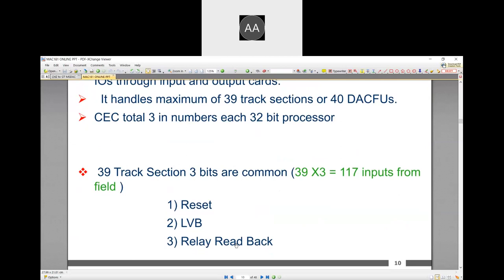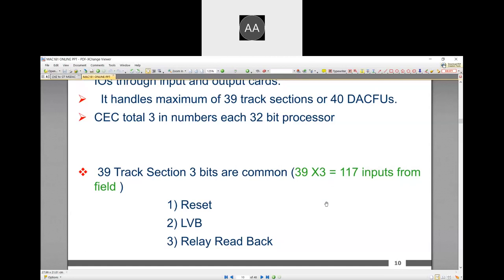Likewise, every relay will have these 3 bits as common. As the maximum number of track sections is 39, 39 into 3 gives a total of 117 inputs that will come from the field.